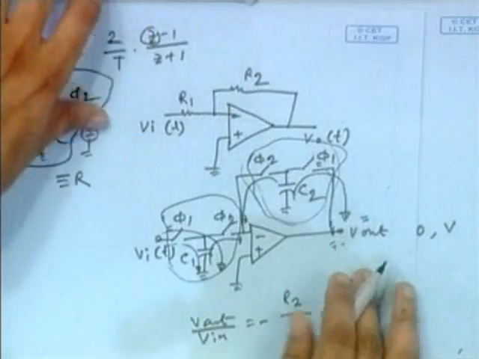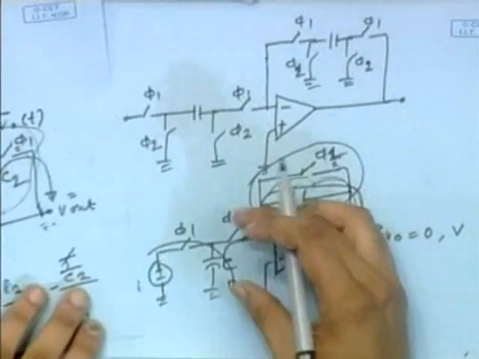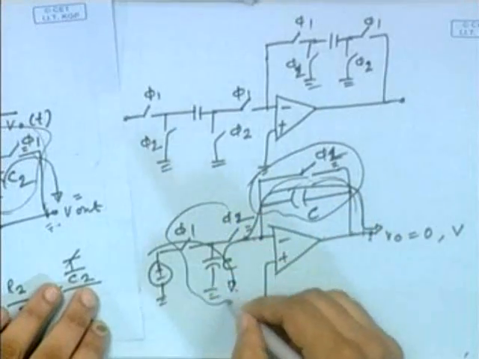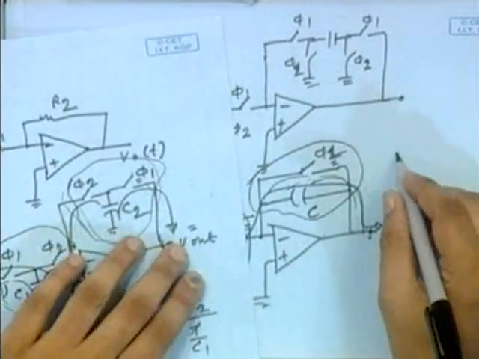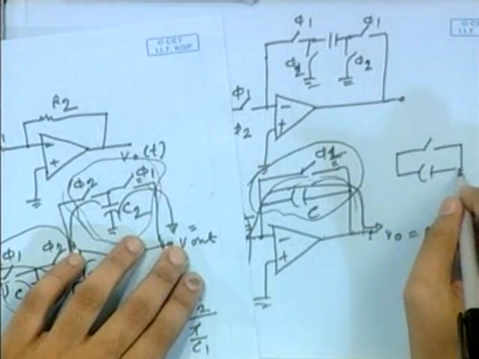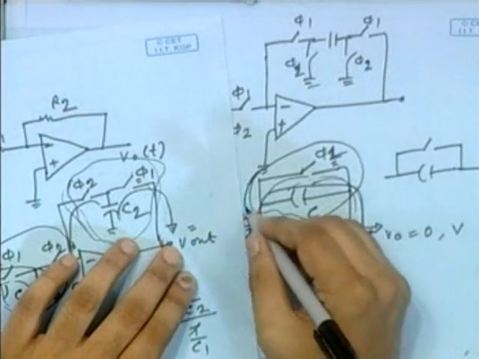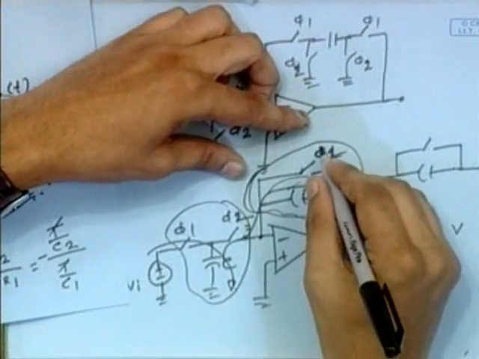Now what we are doing here, we are keeping this portion the same, and we are changing the whole portion here using one switch and with that a parallel capacitor. Why? Because we are making this one phi 1.